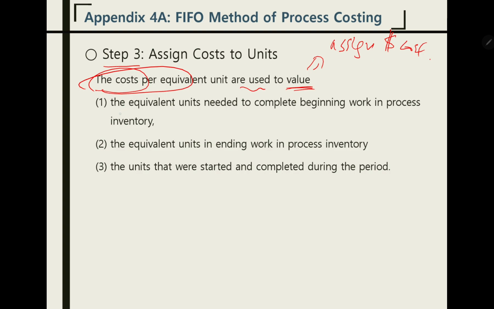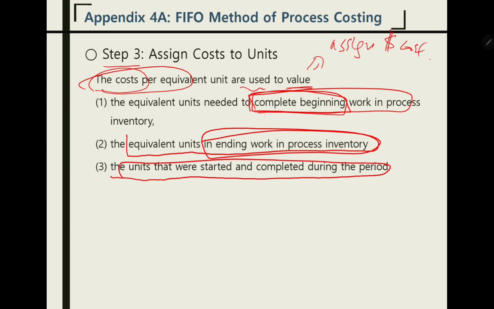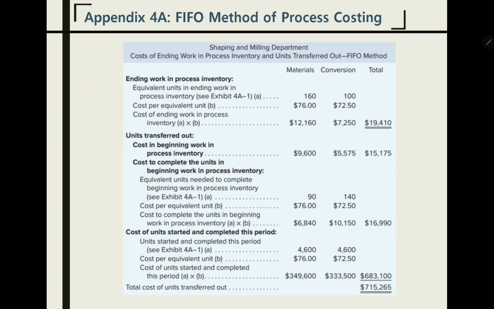We have to assign cost to what? First, to the complete beginning work in process inventory. And then we have to assign the cost to the equivalent units of ending work in process inventory. And then we have to assign cost to the units that were started and completed during this period. Okay? So let's assign cost.